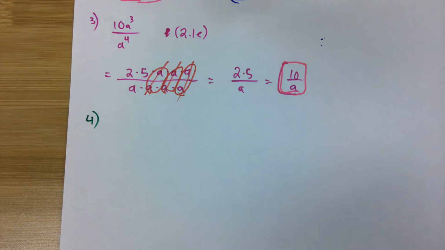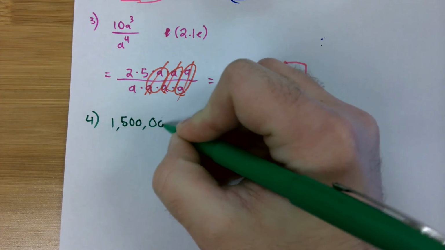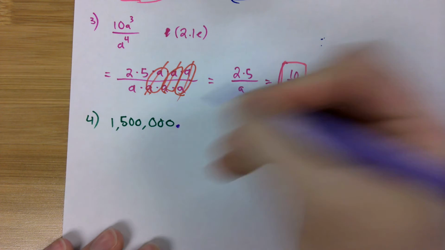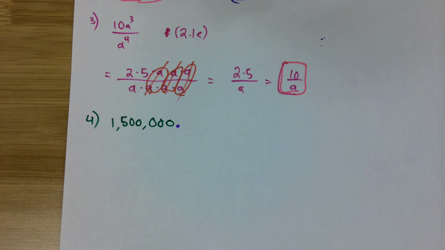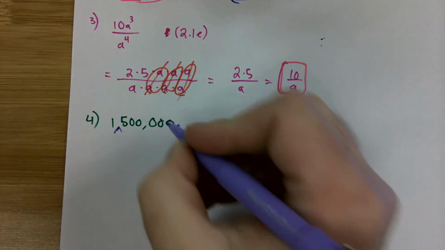Number 4, let's do the 1,500,000 question. Find that one for me. So right here we start with our decimal once again at the very end. We talked about this exact type of problem in the warm-up, so I won't spend too much time. We want it to end between 1 and 5.